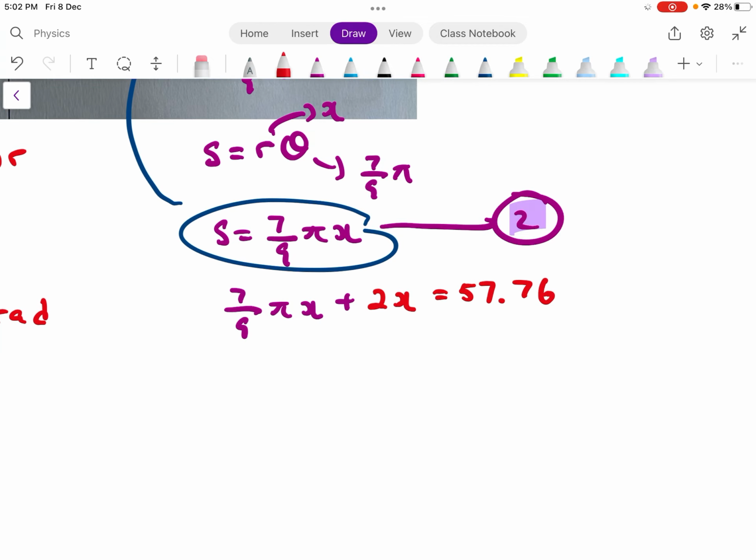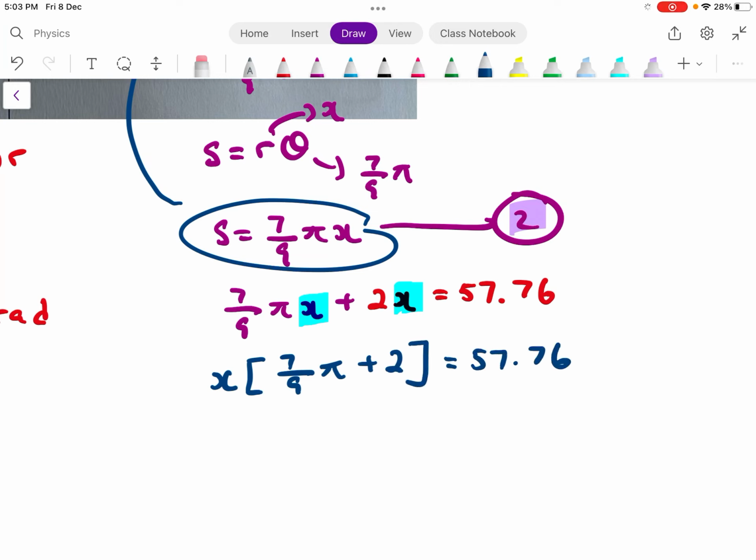So now it's time to solve for X. So how do I actually solve for X? First thing, you look at this, there's a pi. So what I want to do actually is to take out the X first, using the factorization that we learned in Sec 1. So X, I take out, becomes X bracket 7 over 9 pi plus 2 bracket equal to 57.76.